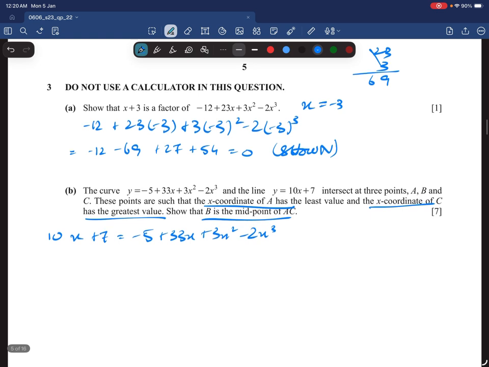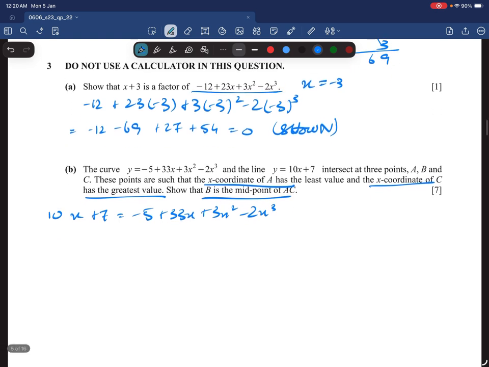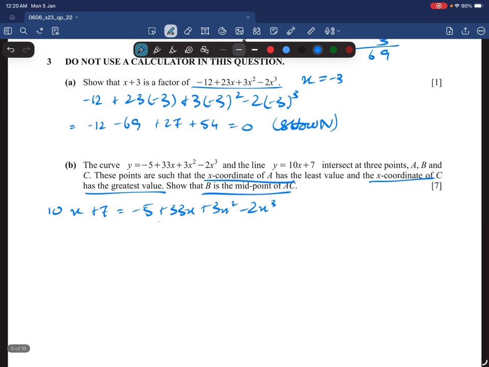Now, this is quite similar to the equation that we were given in part A. So we take this to that side, we get minus 12 plus 23x plus 3x squared minus 2x cubed, which is exactly that. So we already know that x plus 3 is a factor.